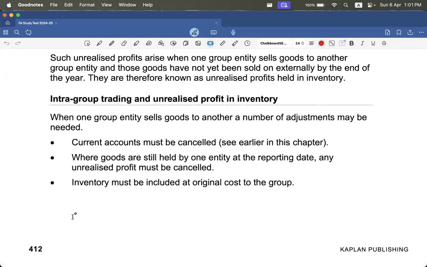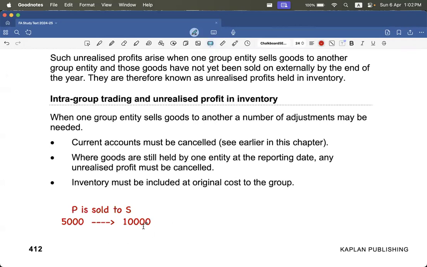Suppose P is selling goods to S. Let's say the goods actually cost 5,000, and P sold them to S for 10,000.